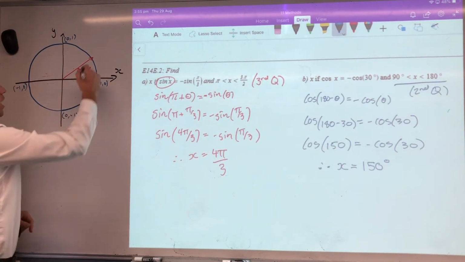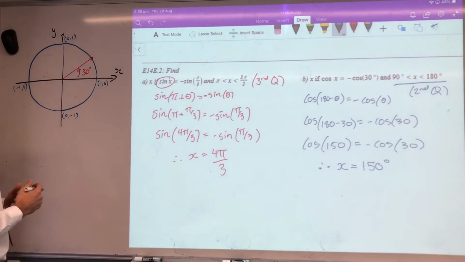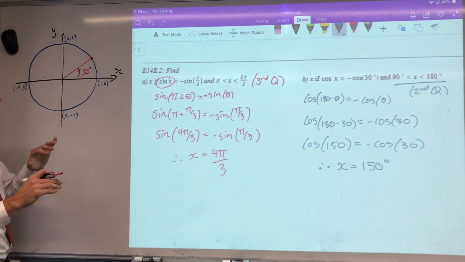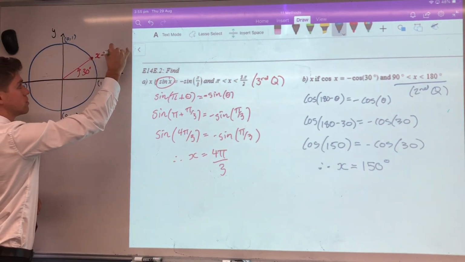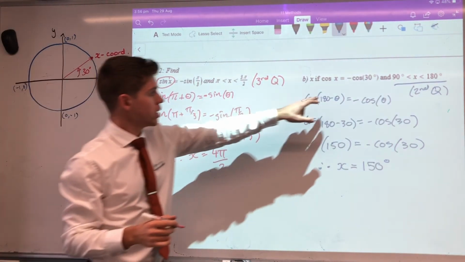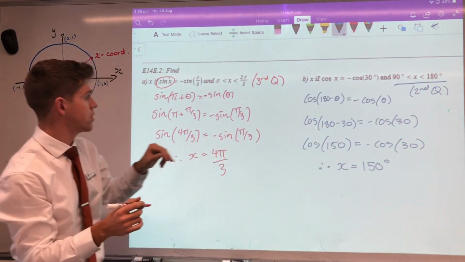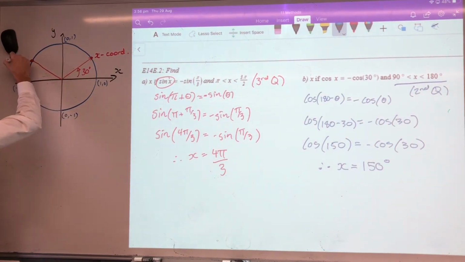Now, the x-coordinate of 30 degrees is here, so let's say x-coordinate. Now, if we're told to take the negative of this x-coordinate, then that in fact is all the way over here. A negative x-coordinate.